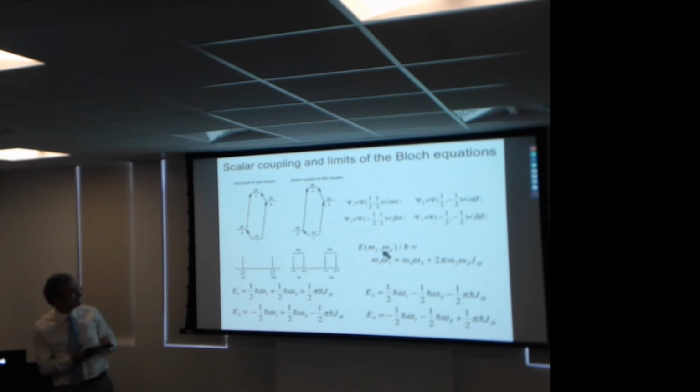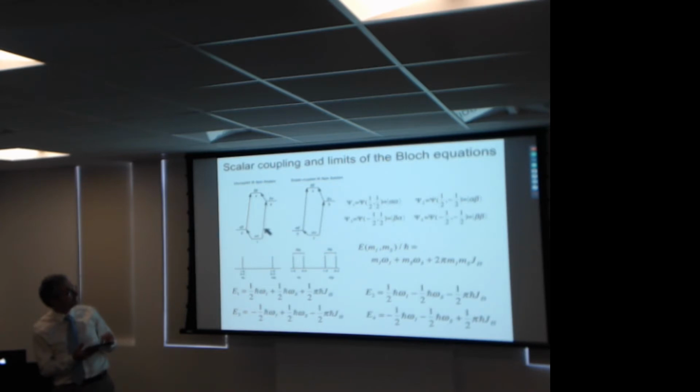So the effect of the scalar coupling, if J is positive, and J can be positive or negative, let's assume J is positive, is to move the energy up for the alpha-alpha state and to move the energy up for the beta-beta state. But what happens if one is alpha and one is beta, then this is negative 1/2 times 1/2, and these two energy levels go down.